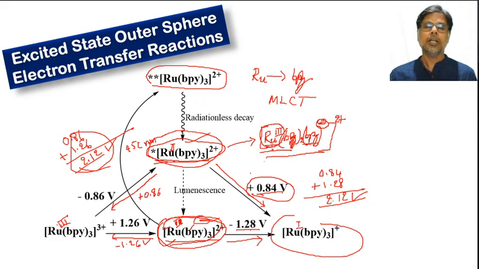So that is how the excited state ruthenium complex is a better oxidizing as well as better reducing agent compared to the ground state ruthenium complex.